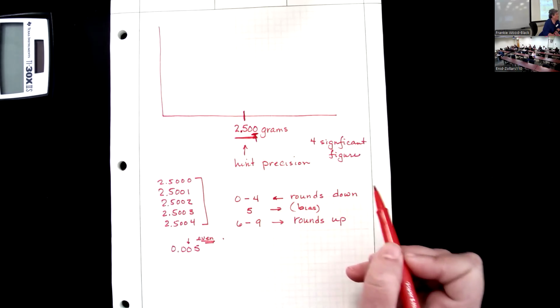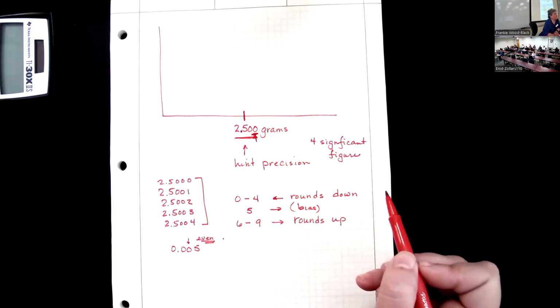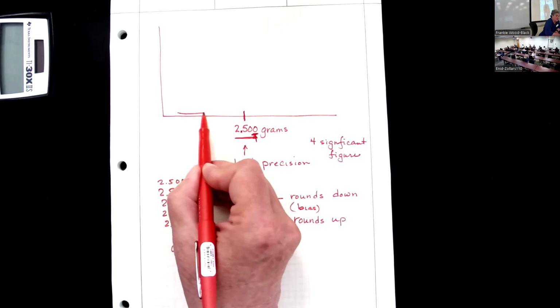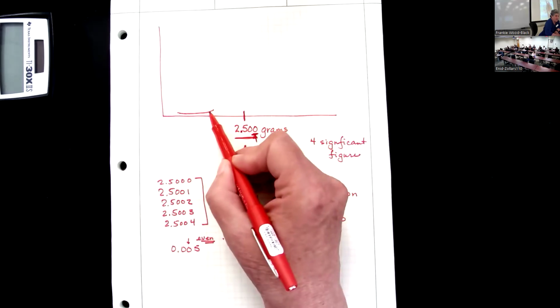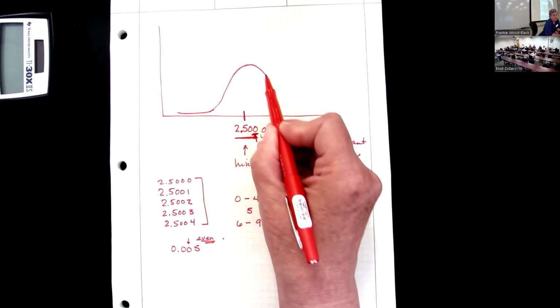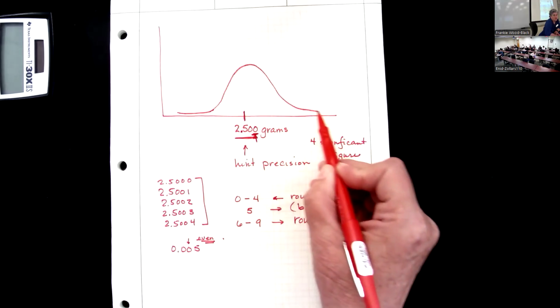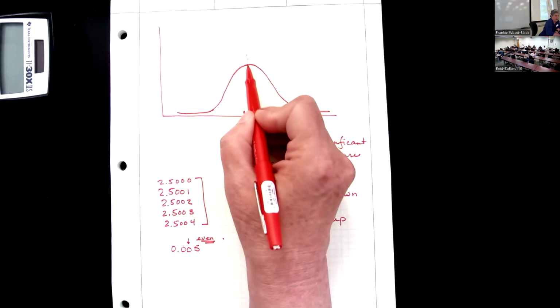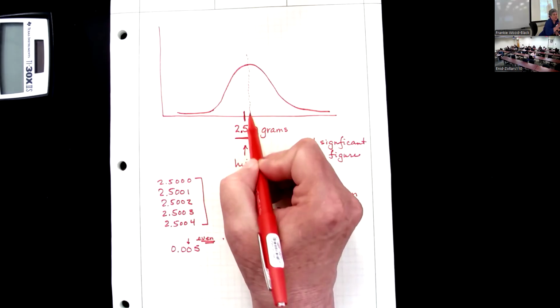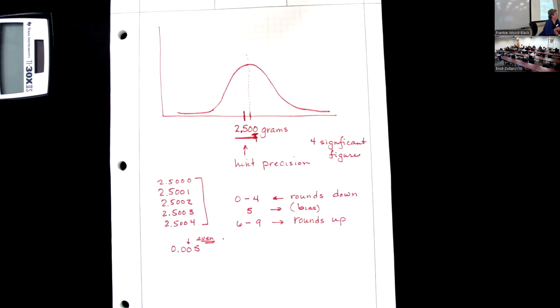All right, so we've gone out there, we've got 100 pennies. And my 100 pennies is going to give me, if I'm doing this right, something that looks like this. And we find out that my average is not 2.500, even though we know that the US Mint made us do 2.500.